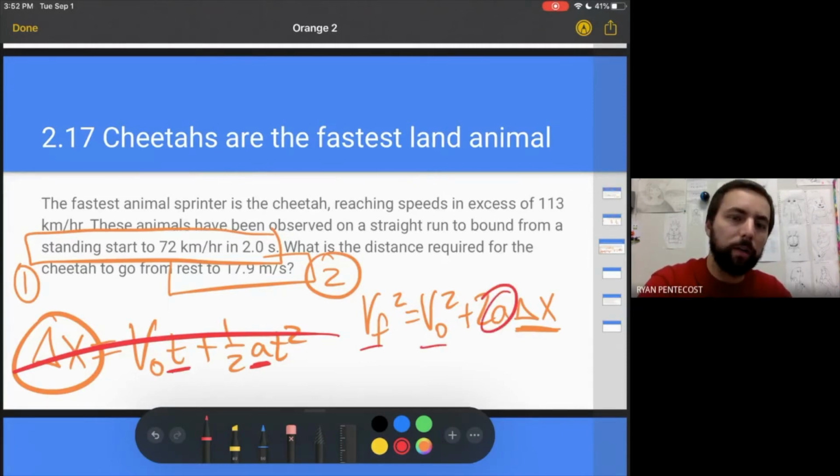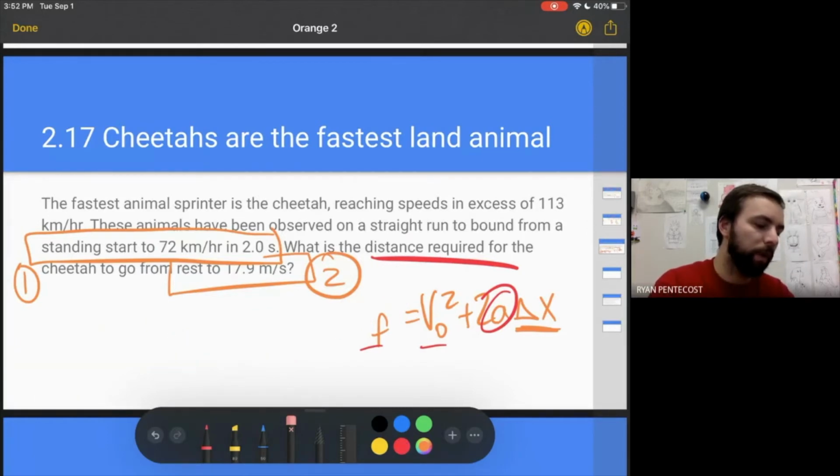That's why we're breaking this into 2 parts. If we try to jump the gun and find the distance without finding acceleration, we're lost, right? There's just no way to find that because you don't have enough information. So what we're going to do is we'll first find acceleration, then we'll find the distance required.